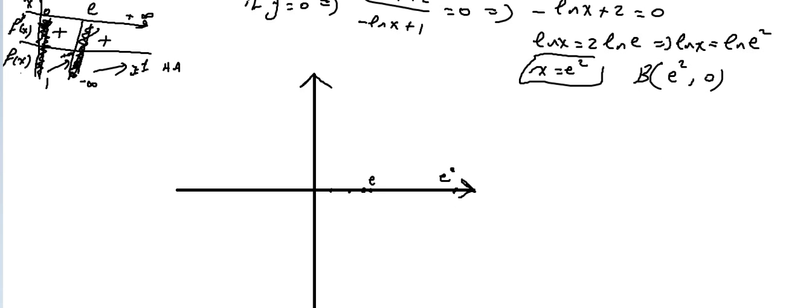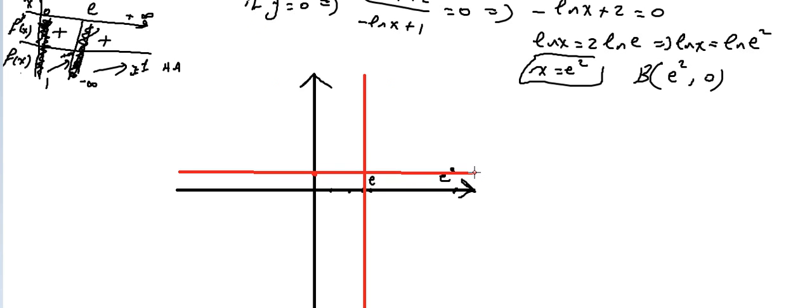What do we have at e? We have an asymptote. So this one here is a dotted line. It is a vertical asymptote to the curve. What else? We got the horizontal asymptote, which is y equal 1.